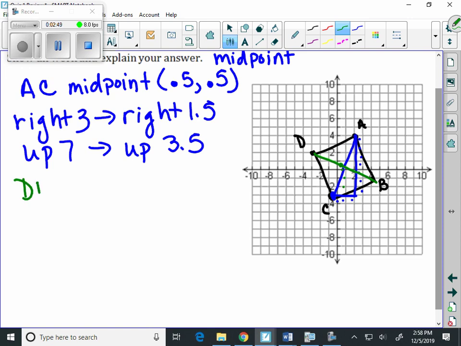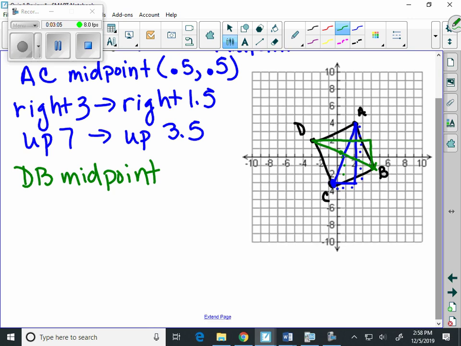So for our midpoint of DB, we're going to use the same process. We're going to draw a triangle here. So I'll go up and then left, is what it looked like when I drew it in. We went up 3, and when we went left, we went 1, 2, 3, 4, 5, 6, 7. Left 7.